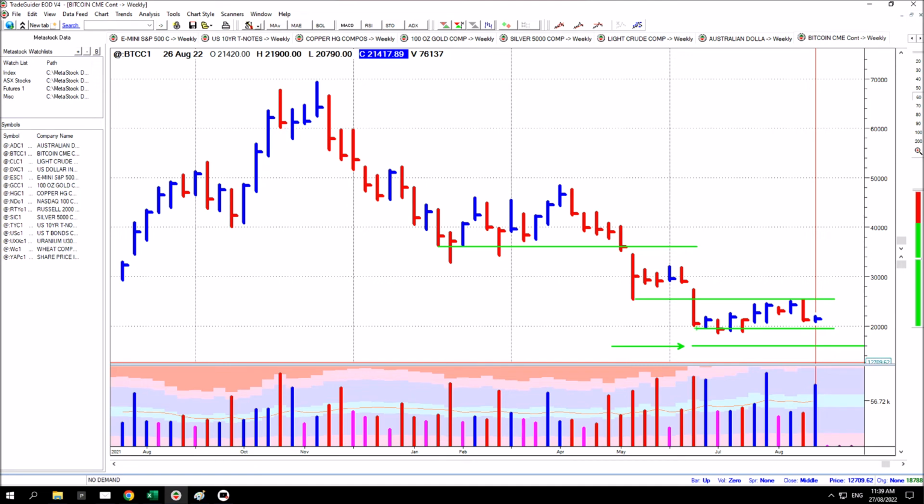At the moment, the market is bouncing off the top of this previous support around the 20,000 level. There's been considerable buying and selling at this level. There's high volume on this bar, there's high volume on this bar, and there's high volume on this bar.